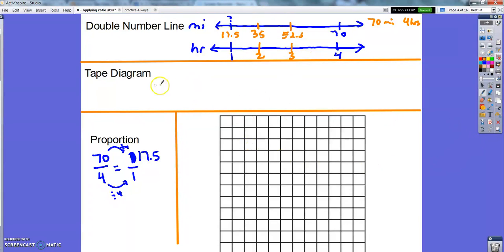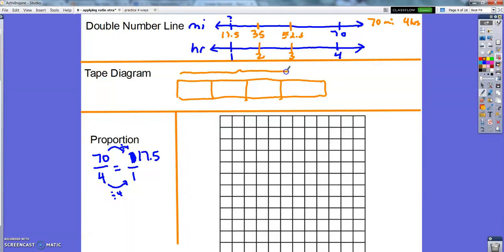Tape diagram. I don't want to draw 70 miles, so in my tape diagram, I'll do 4 hours. And in that 4 hours, she rides 70 miles. How much would be in each of these hours?